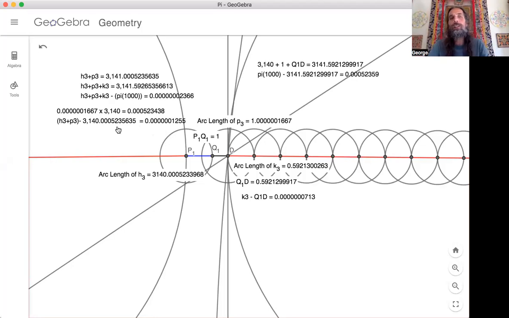Like I said, this is a little bit half-baked. I could get lost in the numbers a little bit, but this probably means something. But this was important for me to calculate, because I wanted to see how much that value added up there. And this is the arc length measurement minus the arc length, H3 plus P3 minus this.